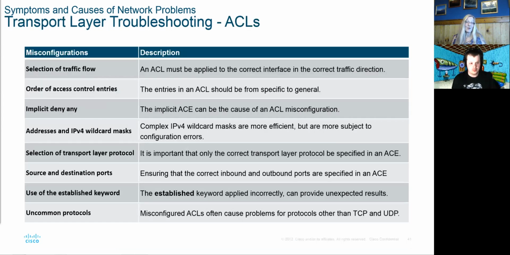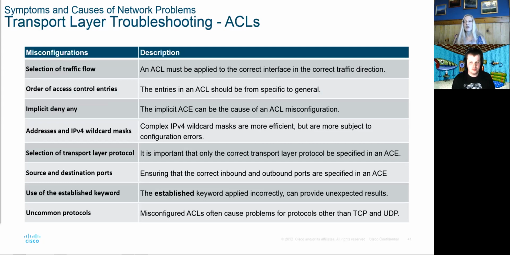Your access control lists can definitely be a problem. Make sure that you're checking it for the correct direction of flow. Check the order of your access control entries, right? If you deny before something gets permitted, it's not going to get permitted, because once it gets denied, it gets thrown out and doesn't get looked at anymore.